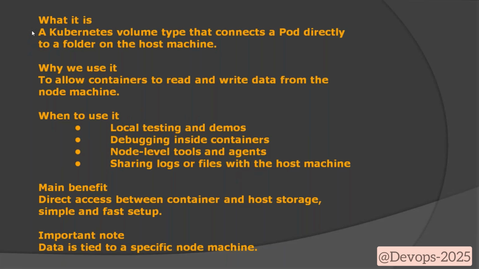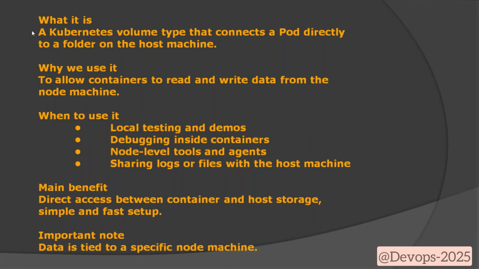Now let's talk about the real-time benefits, where in our day-to-day use cases we can use this. The biggest benefit of host path is direct access to the host machine data. You don't need to copy, sync, or export. Just one folder shared between the container and host.